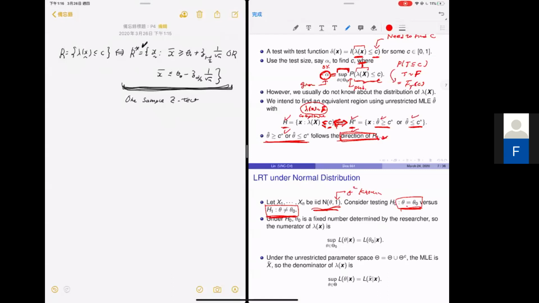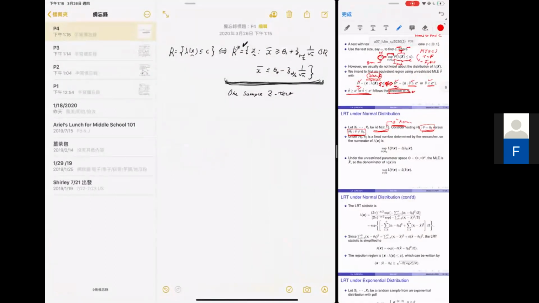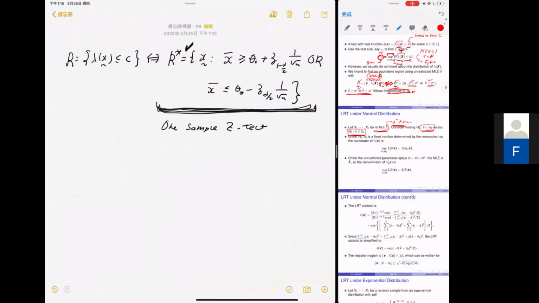Without any derivation from your undergraduate study, you possibly know that I'm going to use the z test because this is a known number, and you won't be hesitant writing down one sample z test. The LRT gives you a general way to derive the z test.